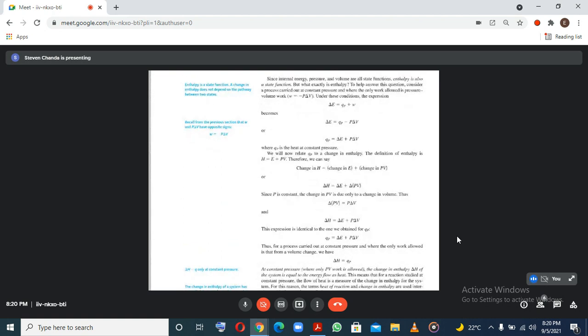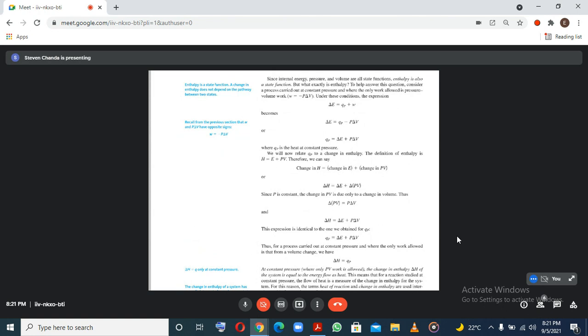Since internal energy, pressure, and volume are all state functions, enthalpy is also a what? A state function. What this basically means is that a change in enthalpy does not depend on the pathway between two states. So the values of the enthalpy do not depend on the pathway, for it is just what is the internal energy, what is the pressure, what is the volume.